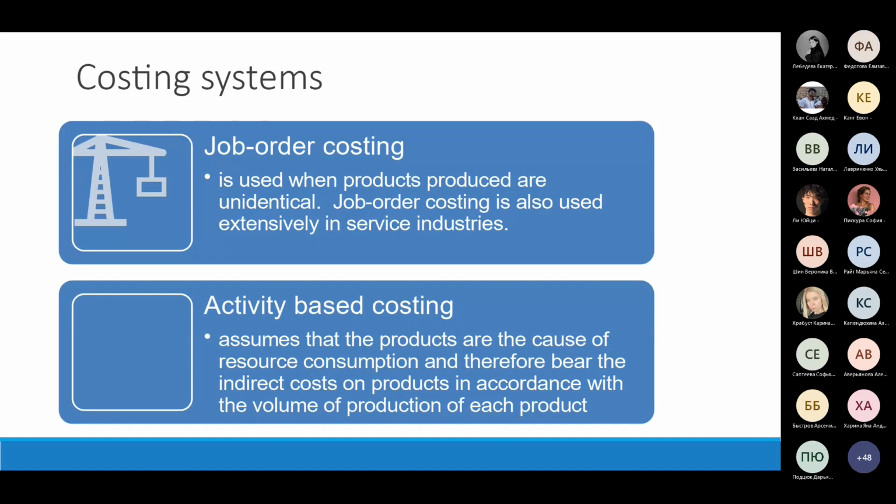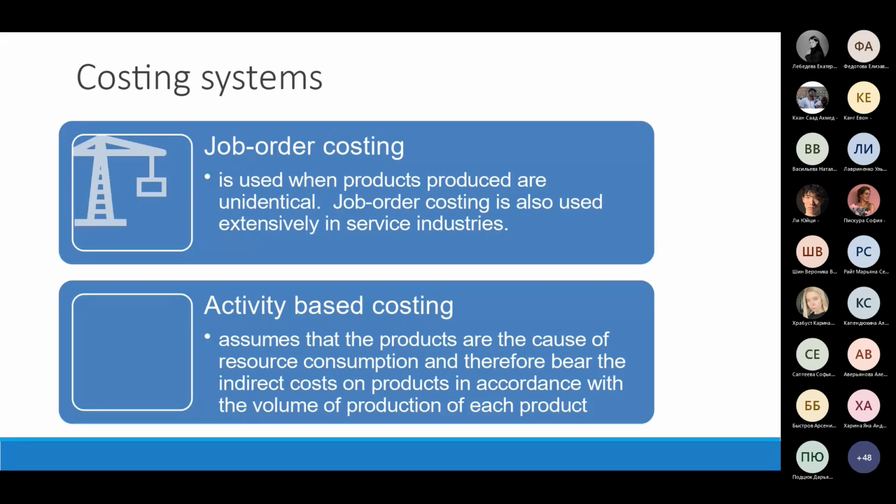Activity-based costing is the second costing system, which also is very popular among production companies, and it assumes that the products are the cause of resource consumption and therefore bear the indirect cost in accordance with the volume of production of each product.